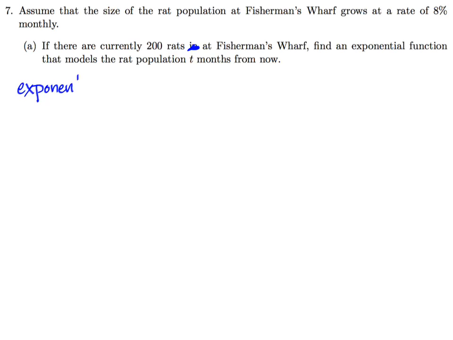So let me show you what we've been doing. An exponential growth function, which is what we've had so far on this worksheet, always has a certain form, and an exponential decay function has a very similar form.